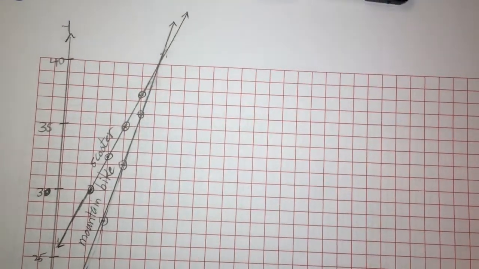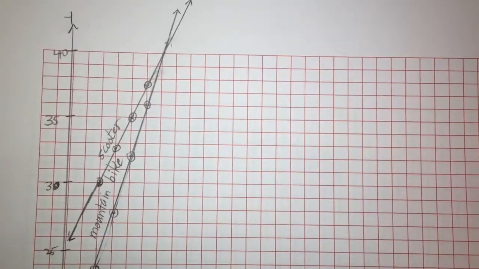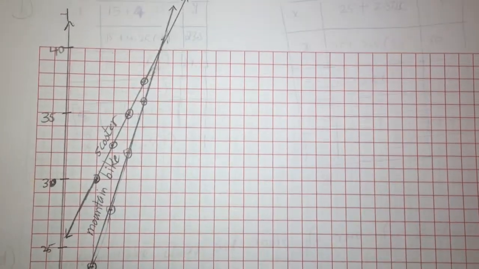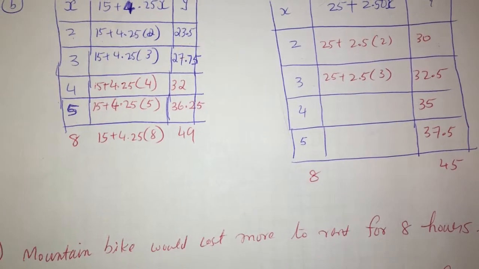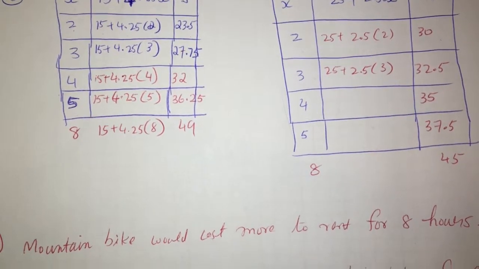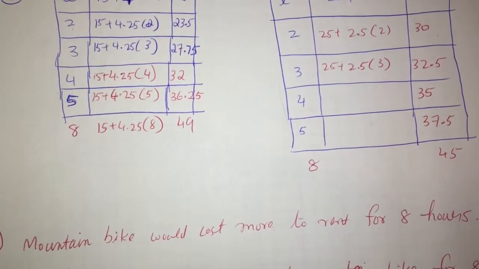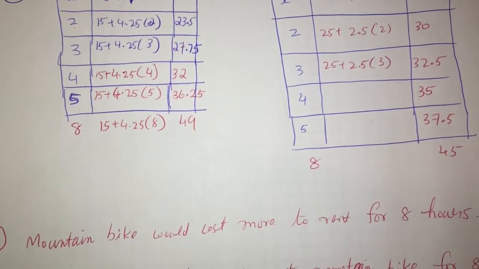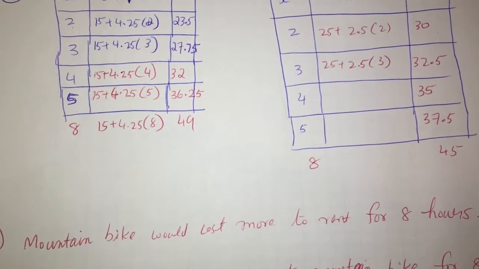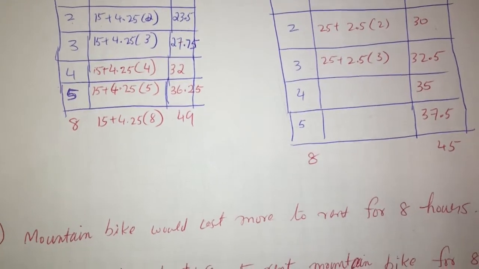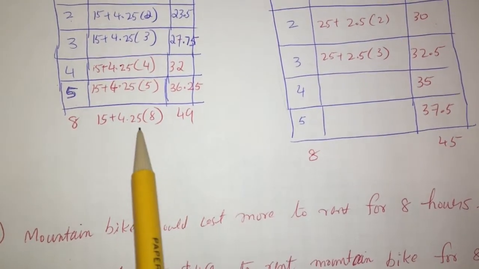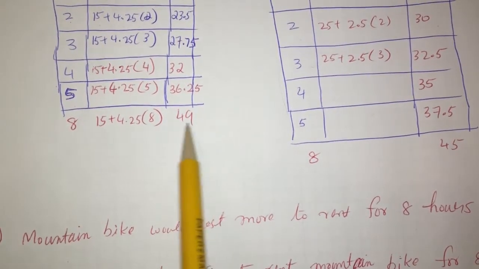Okay, all right. So the next question, D, is really to find the cost of renting a mountain bike and scooter for 8 hours. The cost for renting a mountain bike for 8 hours is $49.